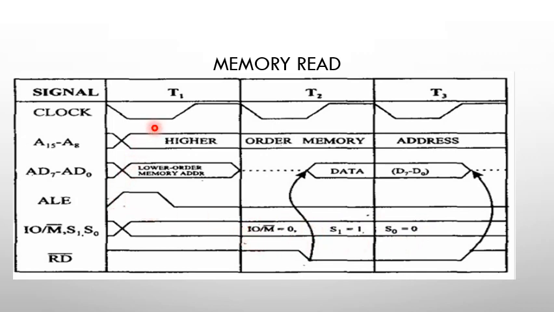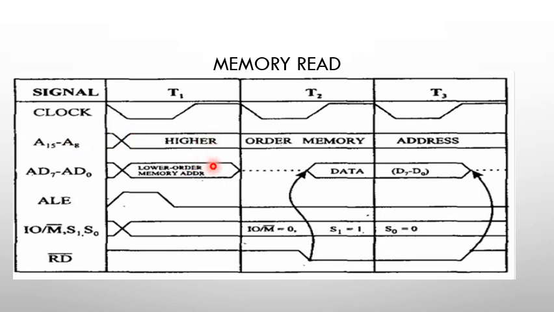In order to fetch the lower order and higher order address, the microprocessor is going to generate the ALE signal first during the first clock cycle. As soon as the ALE signal goes high for the first half of the first clock cycle, the multiplexed address bus/data line is demultiplexed and the lower order address is obtained, and the higher order address is obtained through the dedicated address line.